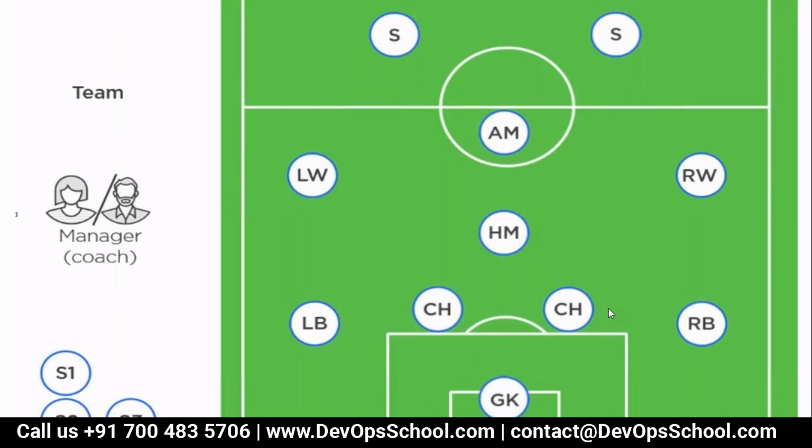Here, who is controlling everyone then? Manager, coach, Master G. Correct? So everyone is controlled by the manager. Now, the moment anyone disobeys the instructions from the manager, he will immediately throw you out of the ground. You know that very well.